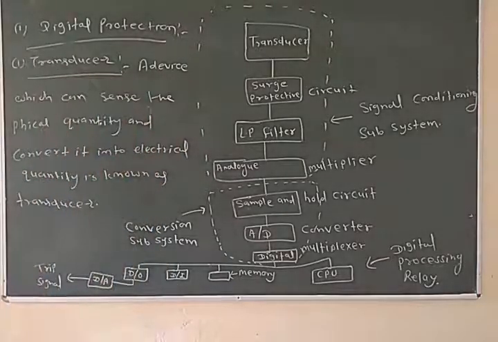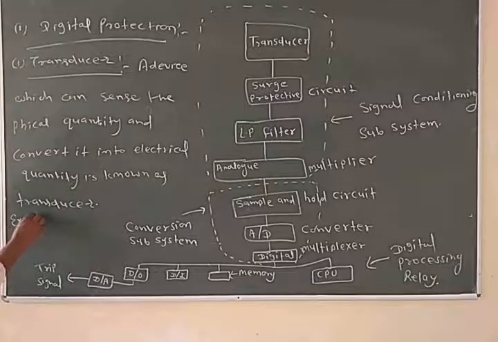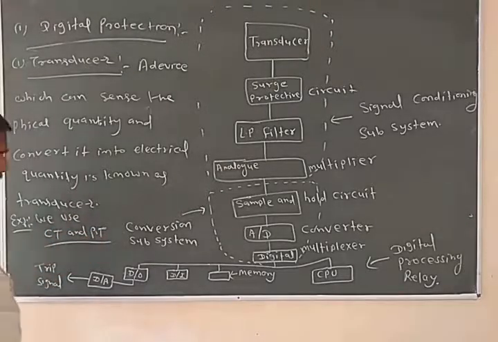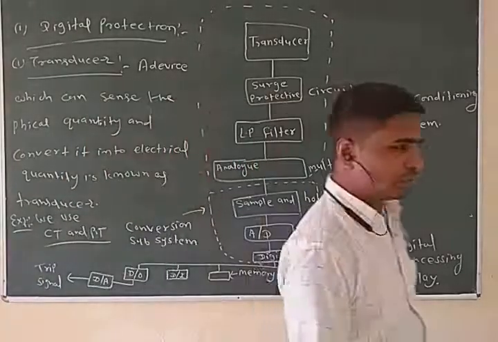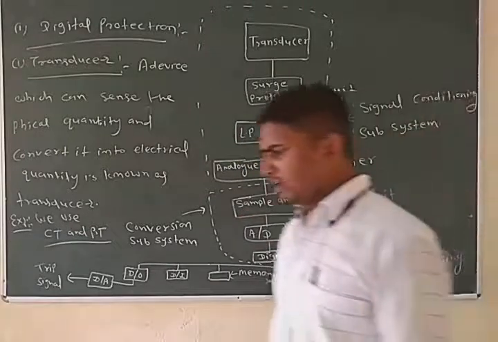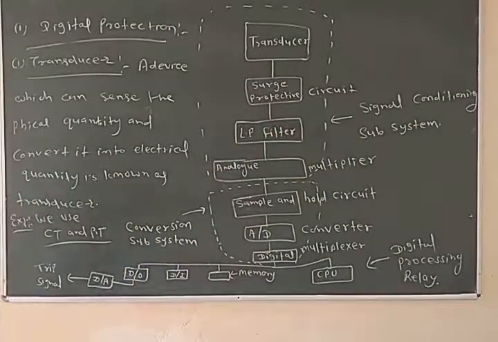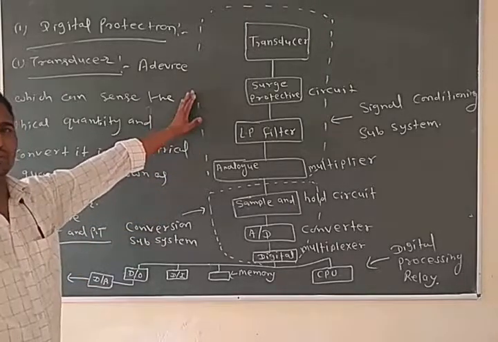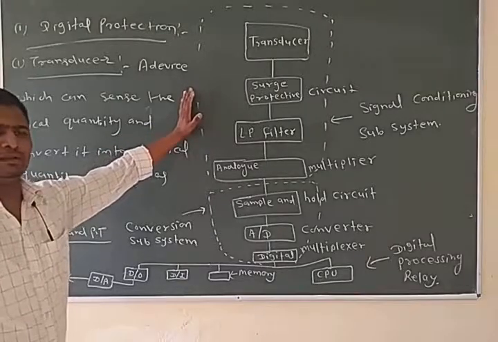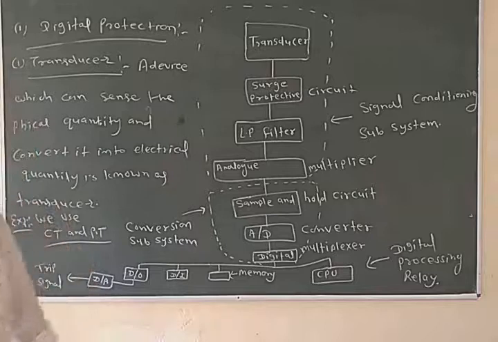Here in the digital protection system, we use CT and PT as transducers, because the system uses digital signals, and in our power system the electrical quantities are huge, in kilovolts or kiloamperes.